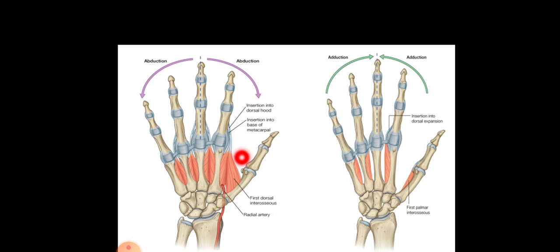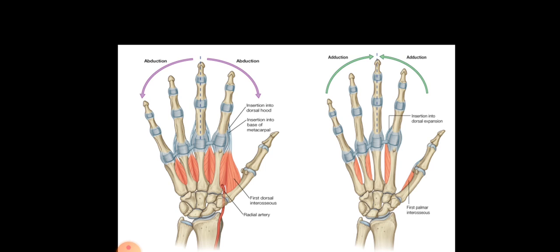The insertion of this muscle joins the dorsal expansion. The action of this muscle, by acting with the lumbrical muscle, gives the writing position, flexion of metacarpophalangeal joint and extension of interphalangeal joint.